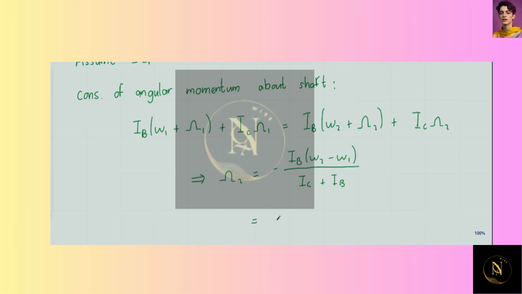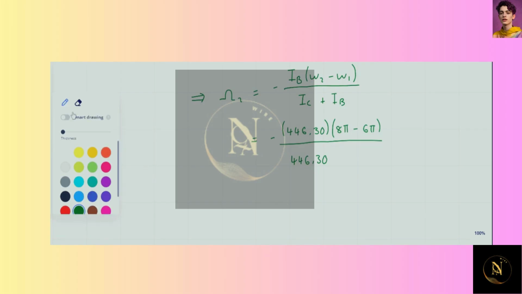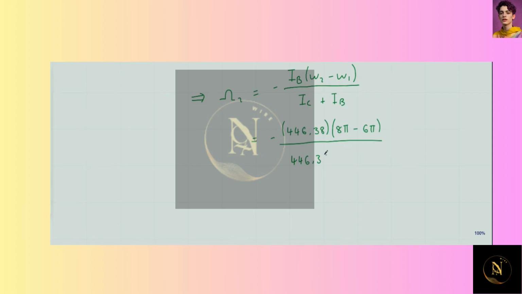And these we have values for. We can actually substitute our values in here. So this is minus 446.38 for IB, times 8 pi radians per second minus 6 pi radians per second, omega 2 minus omega 1, over IC plus IB, where IB is 446.38 and IC is 650.